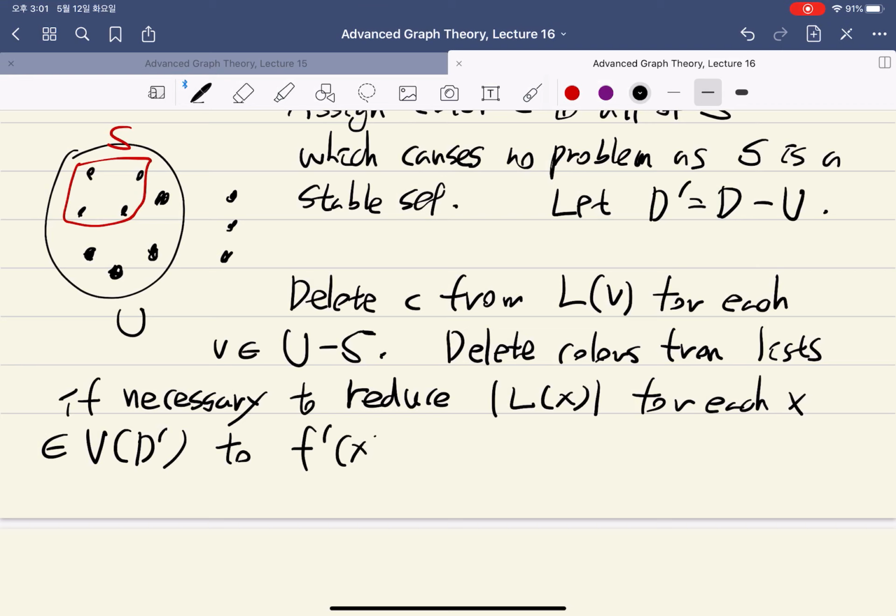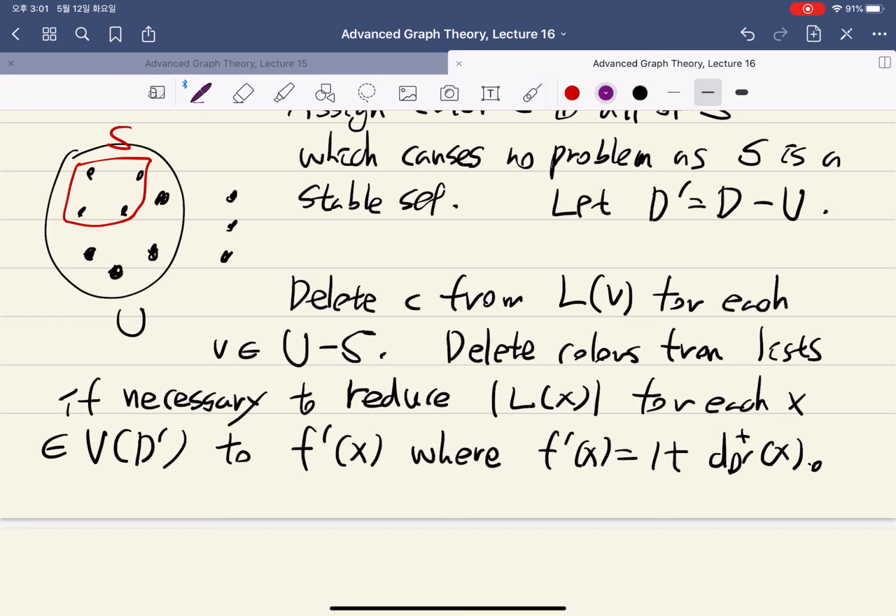And we want to delete the colors from each list of the vertices so that the number of remaining colors is exactly f prime of x, where f prime of x is 1 plus the out degree of the vertex in T prime.